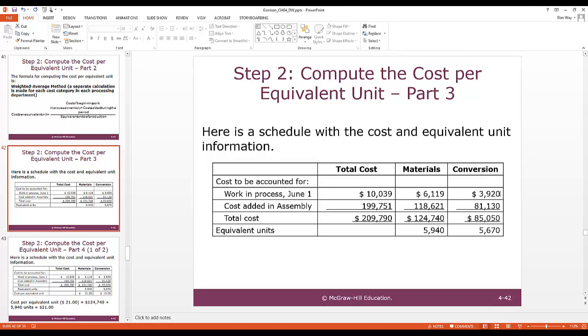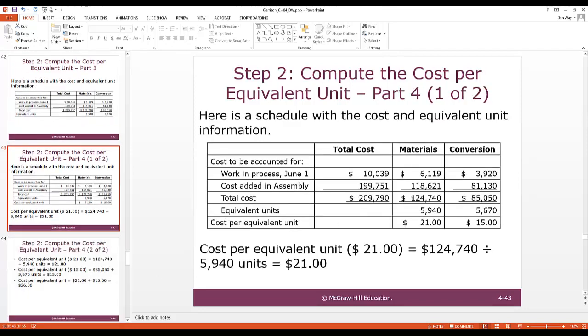We have the $3,920 in conversion costs related to the beginning work in process, plus that $81,130 that were added in assembly this particular period, and then our equivalent units with respect to conversion, 5,670.